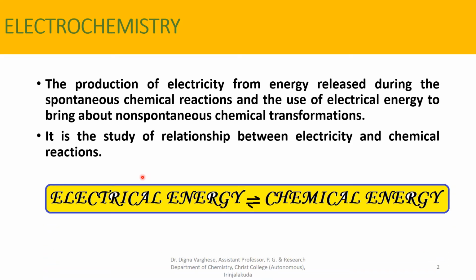It is the branch of chemistry that deals with the interconversion of electrical energy into chemical energy or chemical energy into electrical energy. In other words, it is the study of the relationship between electricity and chemical reactions.